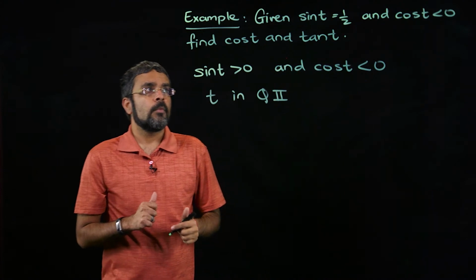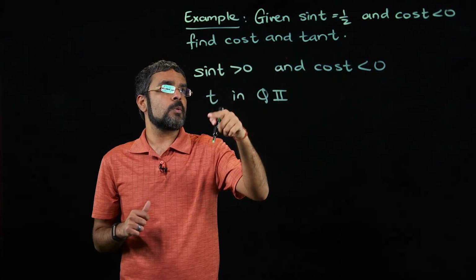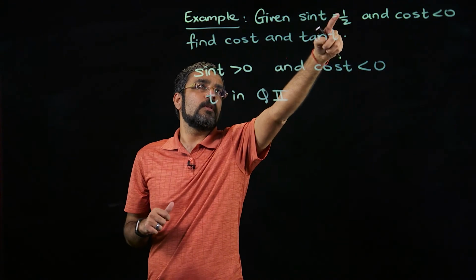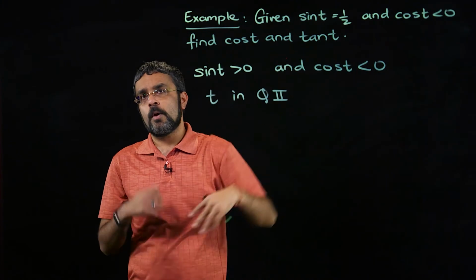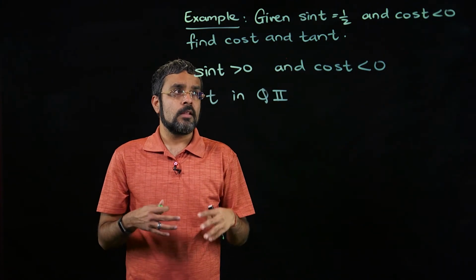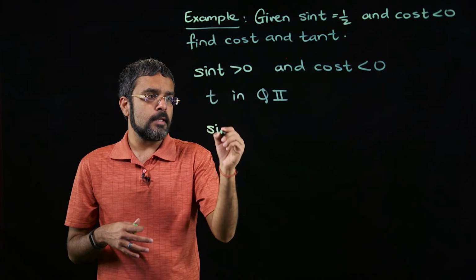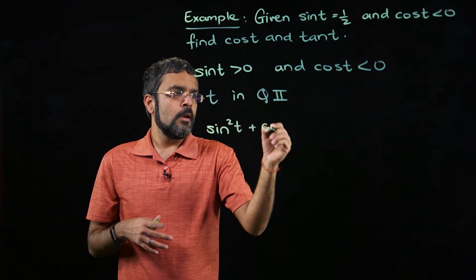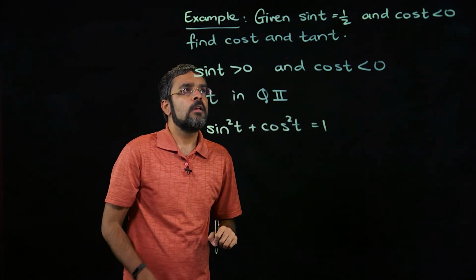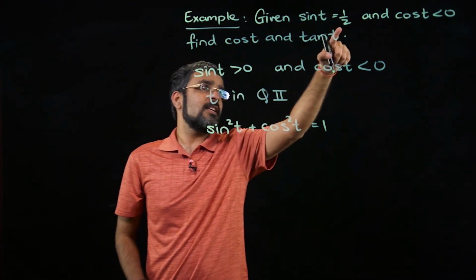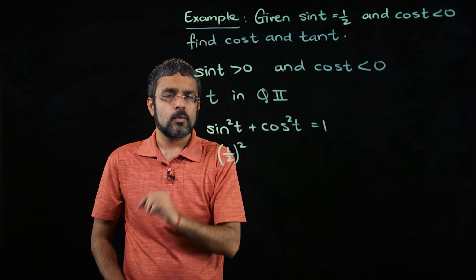Okay, now, so I need to figure out cosine t. One of the ways I could have done this was I could have written that as y over r, so y would be 1, r would be 2, and figured out what cosine was. The other way I can do is the relationship between sine and cosine we know is sine squared t plus cosine squared t equals 1. Okay, so if sine t is 1/2, sine squared t is nothing but 1/2 squared.